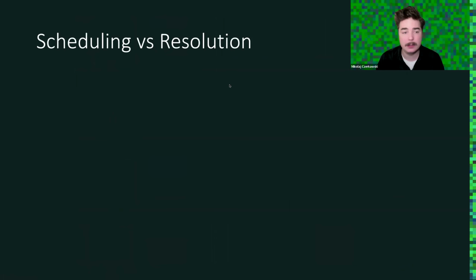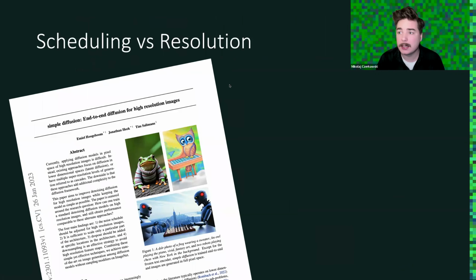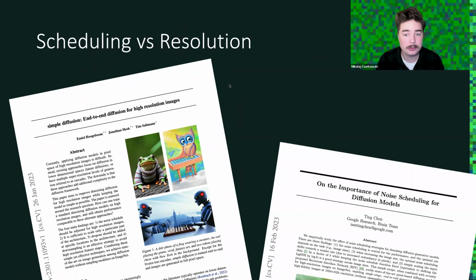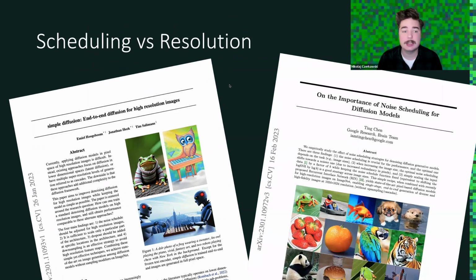Okay, and at this point, I also want to make a quick mention of two works that have actually identified an issue related to the noise scheduling. And the key revelation here is that the amount of information destroyed in a sample is actually dependent on the shape, on the size of our image.